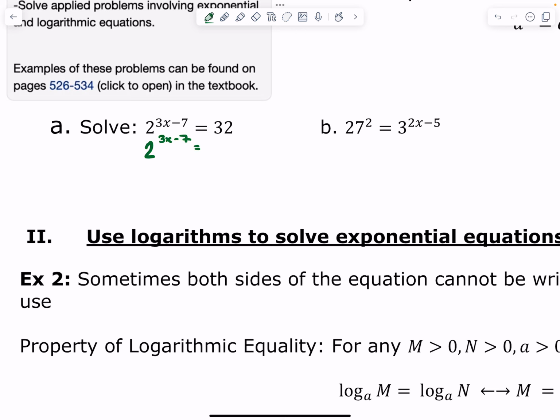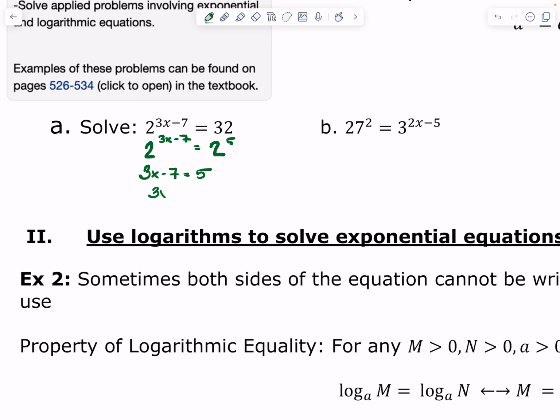32 is 2 to the 5th. So I've managed to write these with the same base. So all I need to do now is solve for the unknown in the exponent. That means that 3x minus 7 equals 5.